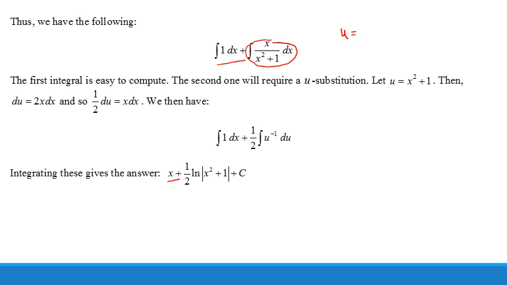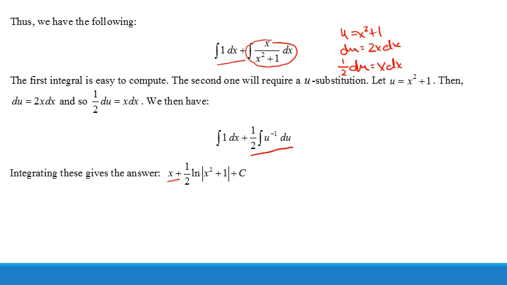I let u equal x squared plus 1, which means that du is equal to 2x dx. I don't have 2x dx in this integral, I only have x dx, so I divide by 2 in order to get what I have in the problem. All of that is written right there so that you can see it.